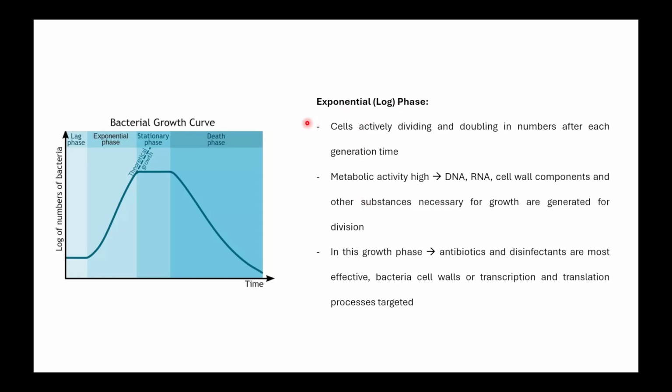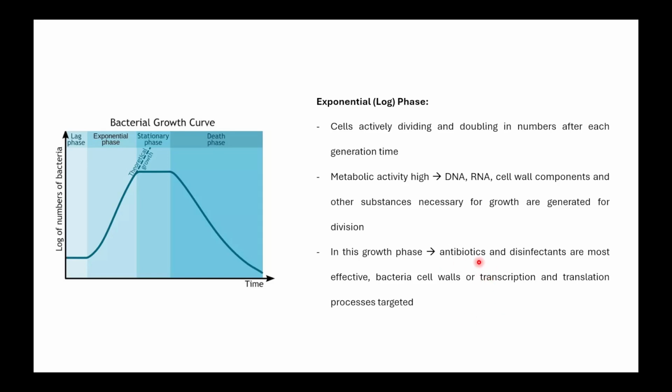And definitely, if the cell is dividing, the metabolic activity is really high at this time. DNA, RNA, cell wall components, and other substances which are really necessary for growth are being generated for division. And during this phase only, antibiotics which target the microbes, or disinfectants, where we use disinfectants to remove any contamination like microbial contamination.